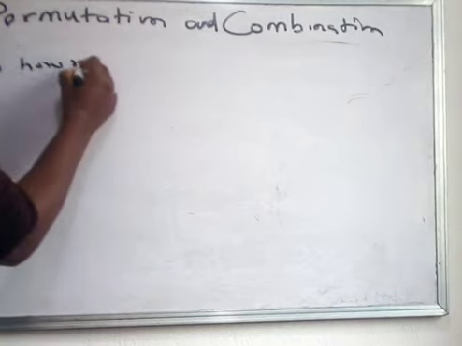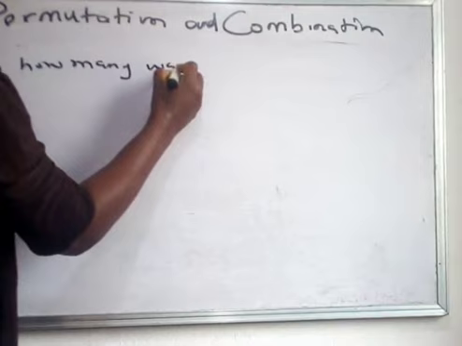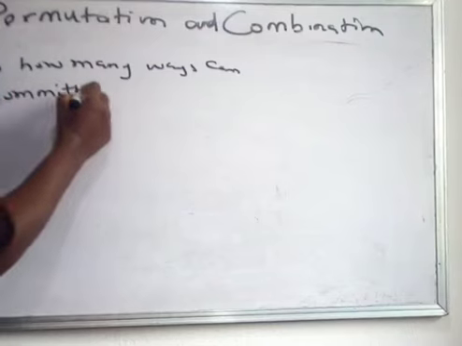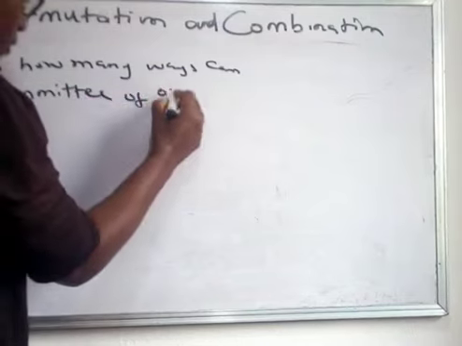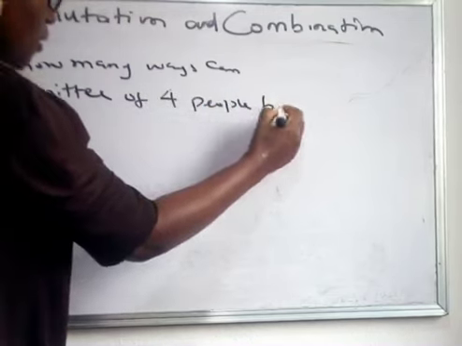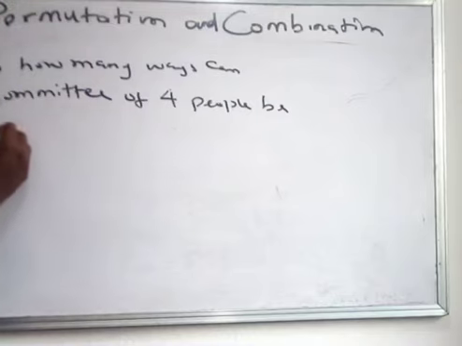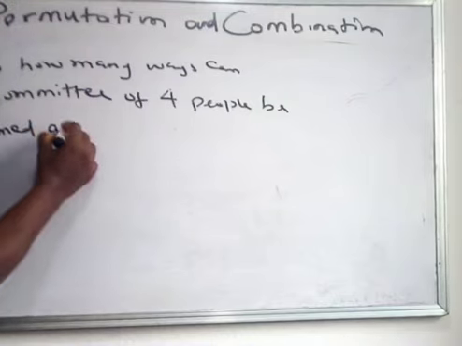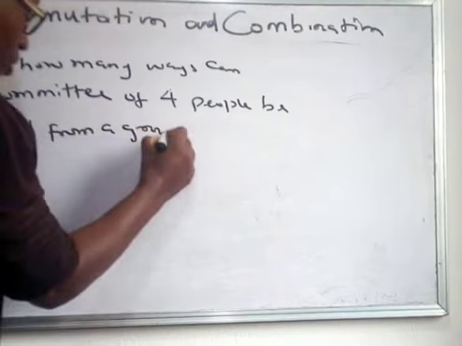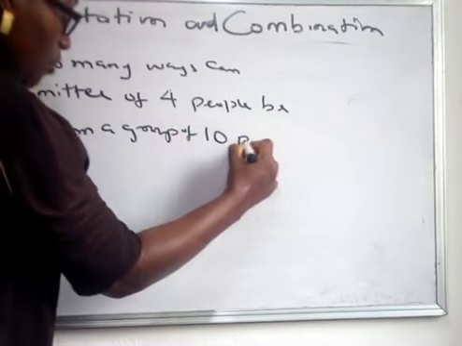Now, this question says, in how many ways can a committee of 4 people be formed from a group of 10 people?